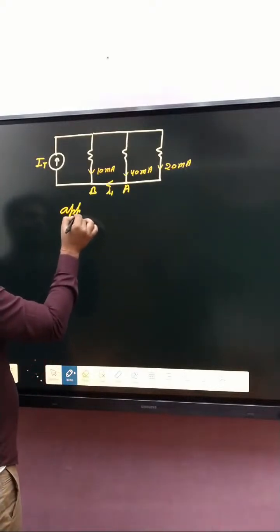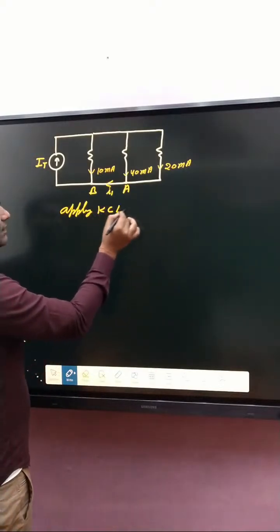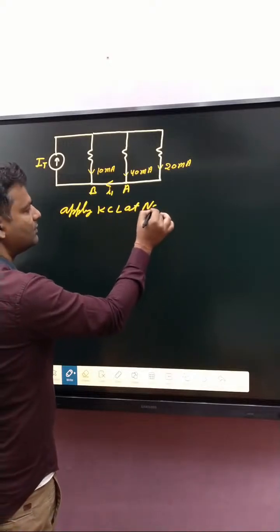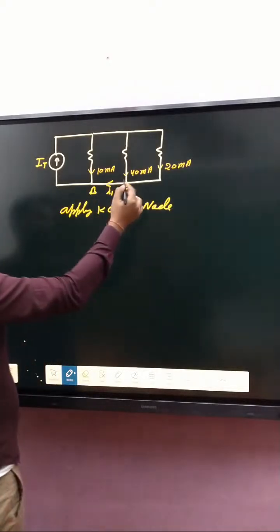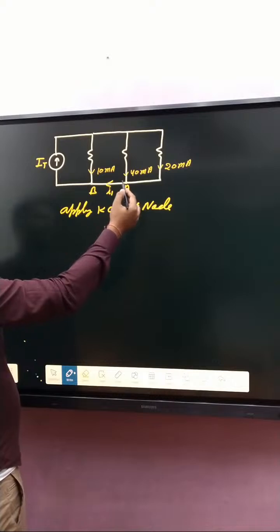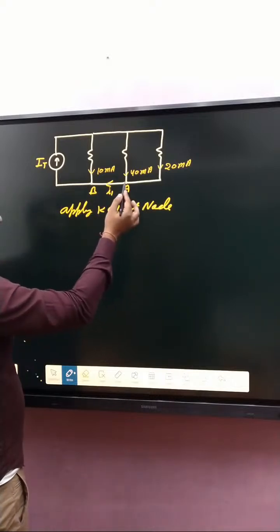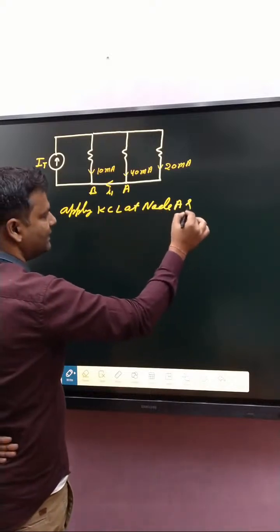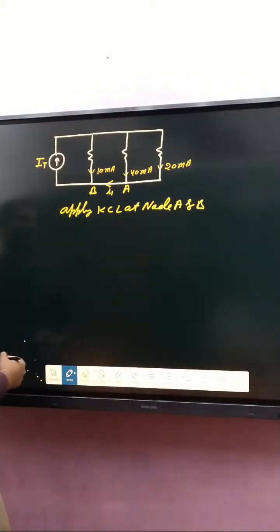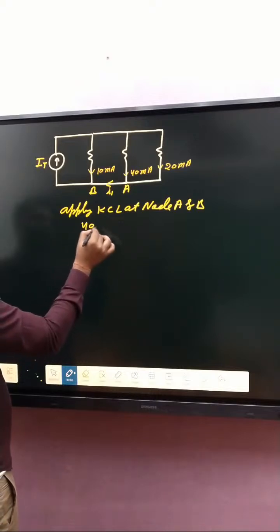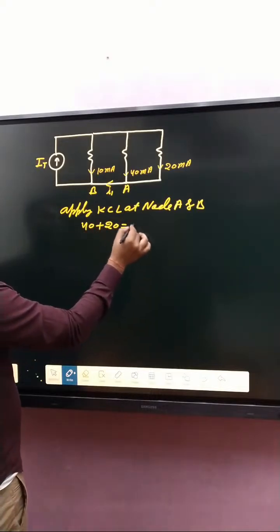Apply KCL at node A: incoming current 40 plus 20 equals I1.